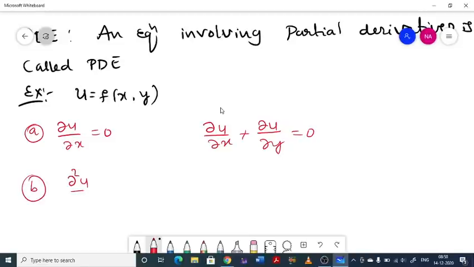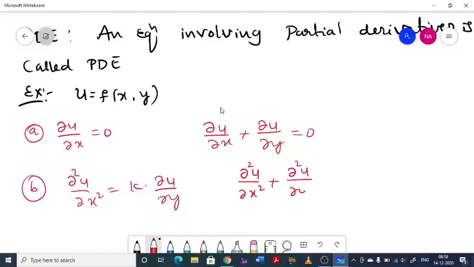Then dou square u by dou x square equal to some constant into dou u by dou y. This is also a partial differential equation, or you can write dou square u by dou x square plus dou square u by dou y square equal to 0. This is also a partial differential equation.